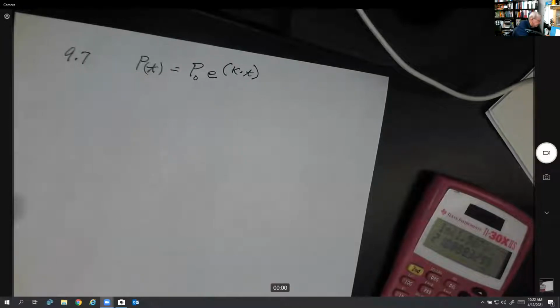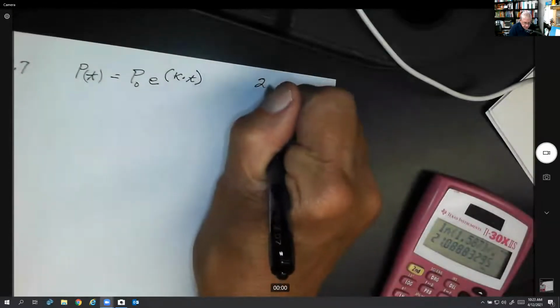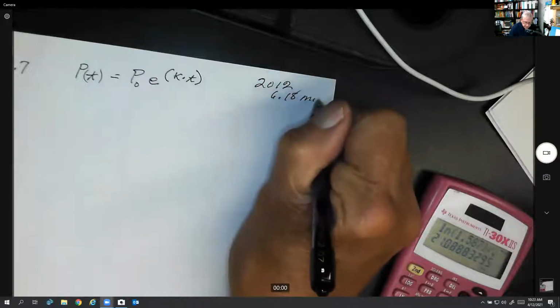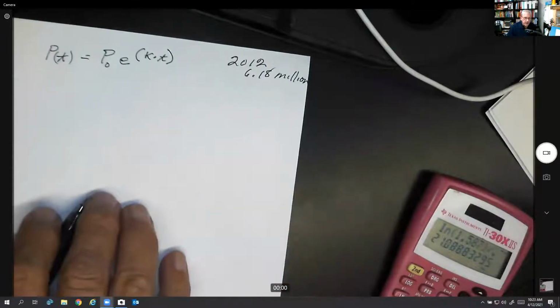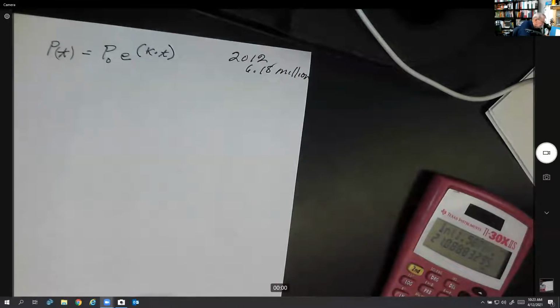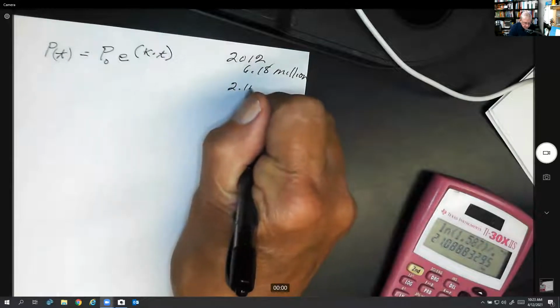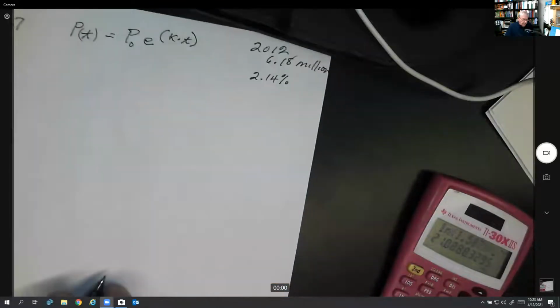So it says Sugarland is the fifth largest metropolitan area in the United States. It's in Houston. The population in 2012 was 6.18 million. So I'm jotting that down. And the growth rate is 2.14%. This area is growing at that rate.